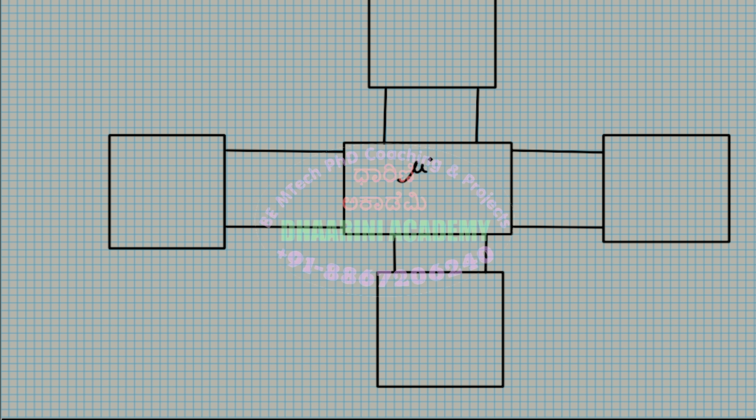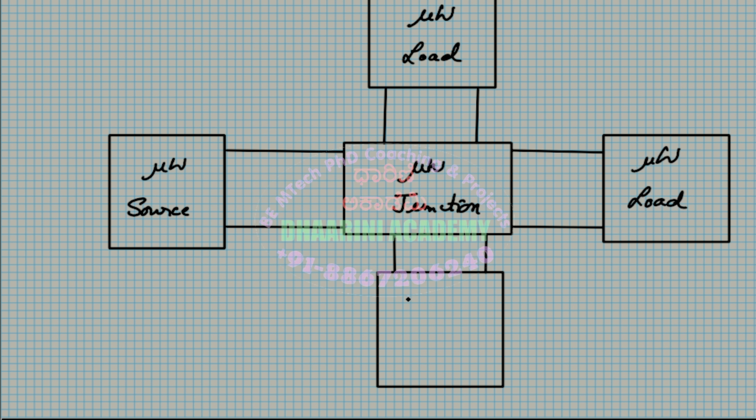So we'll write microwave junction. From the left side, let's assume that that is a source. So this is the microwave source. Others will be the load. So microwave load, microwave load, microwave load.